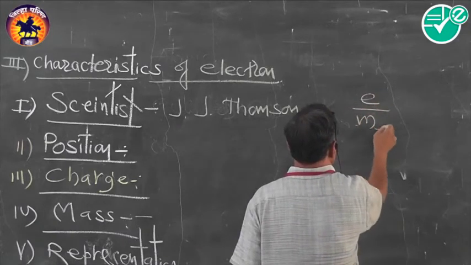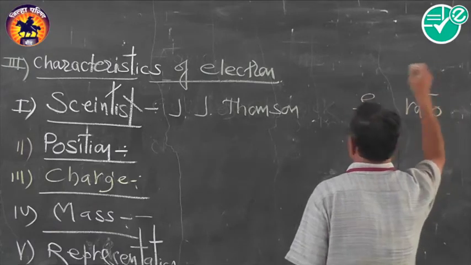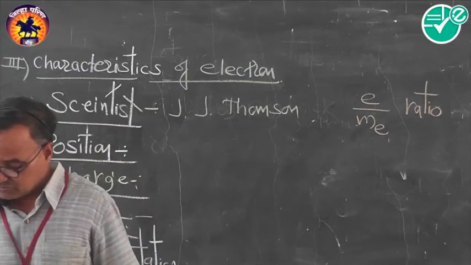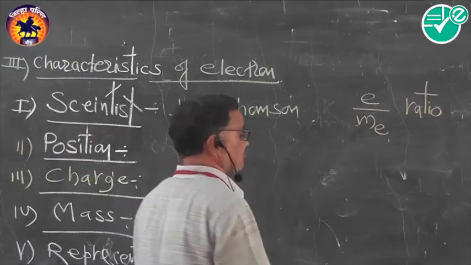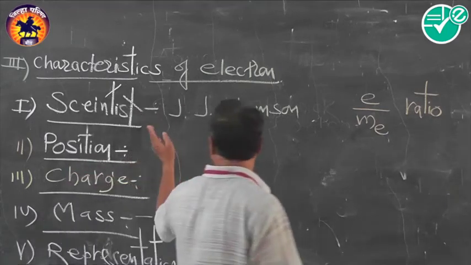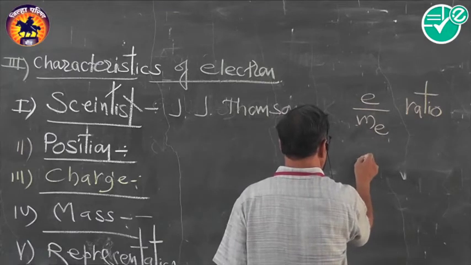That is the E by M ratio. The E by M ratio is responsible for the discovery of a subatomic particle like the electron.